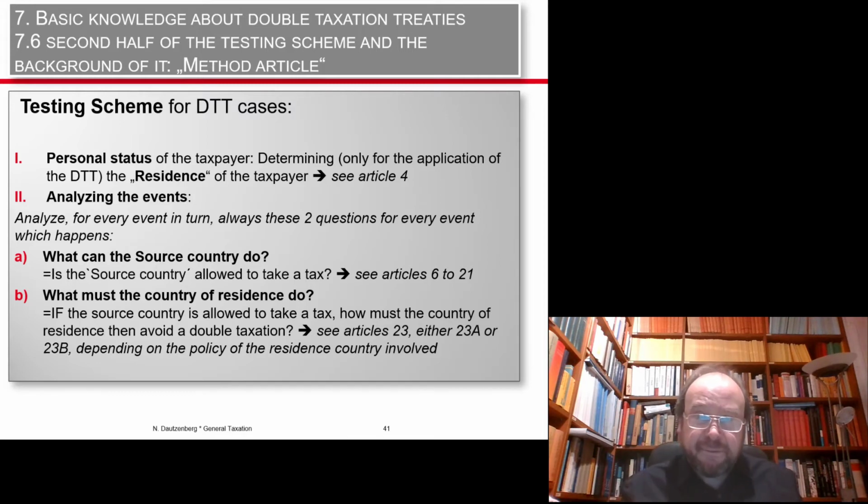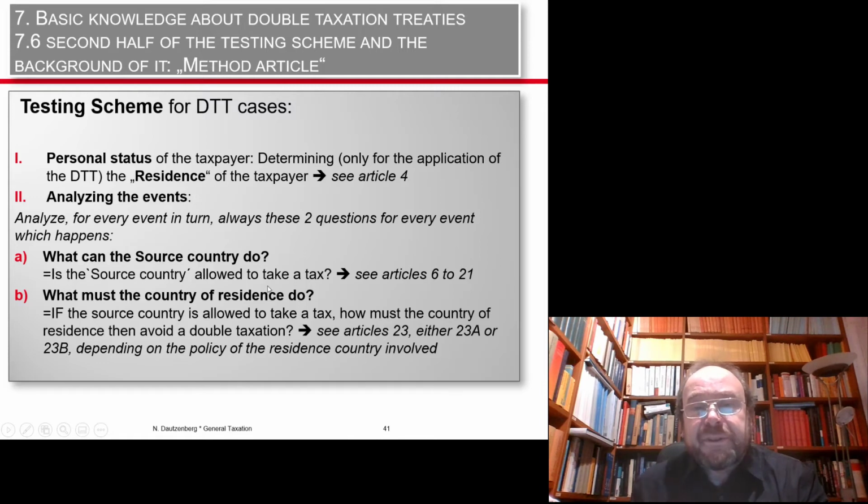The second half of what has to be decided: how does the residence country react? What are the obligations or the rights of the residence country? That is always Article 23. Now, if you look to Article 23 in the OECD Model Convention, you will see there two variants, 23A and 23B, because there has not been a worldwide consensus of what the recommendable text should be.